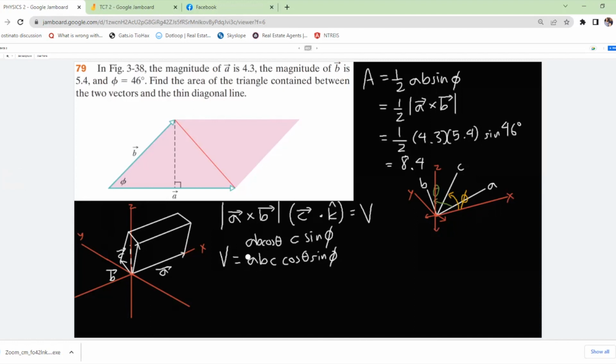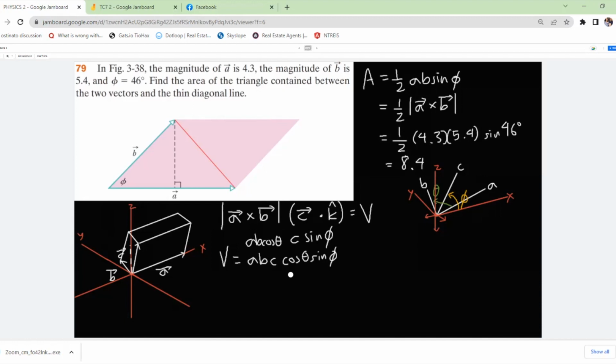Okay. Ngayon, pero tingnan mo yan, no? Yung AB cosine theta, di ba? Tingnan mo yung AB cosine theta. A cross B is, tama ba?